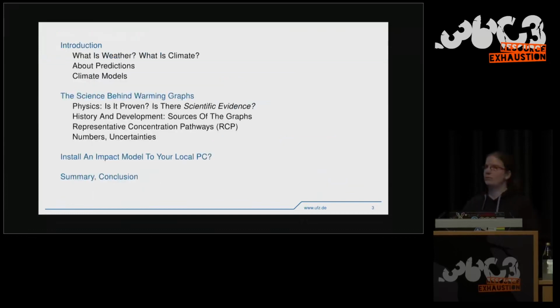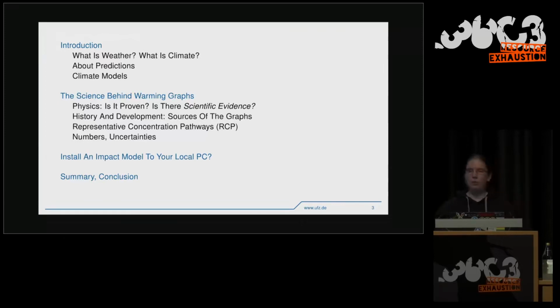So this talk is partitioned into 3 sections, mainly. First is the introduction, where I will introduce some nomenclature, like what is weather, what is climate, and what we can say about predictions, for example, why we can't tell the weather in 3 years, but we can say something about the climate, and what are climate models.